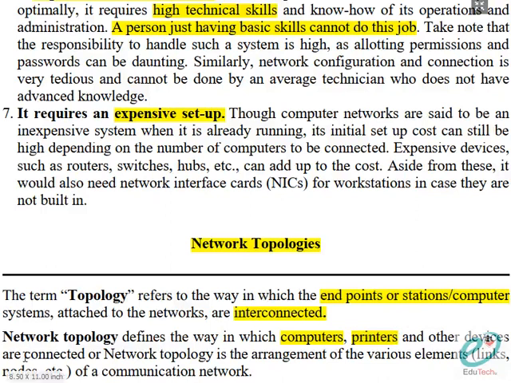We look at how they are connected. That is what you refer to as network topology. Put another way, someone can define network topology as the arrangement of various elements in a communication network.